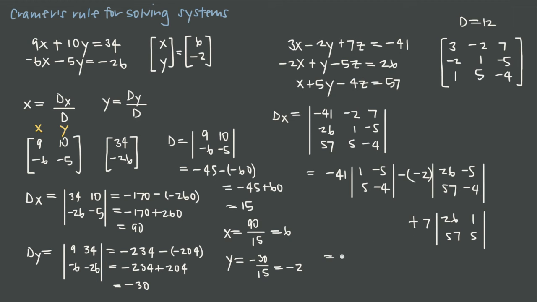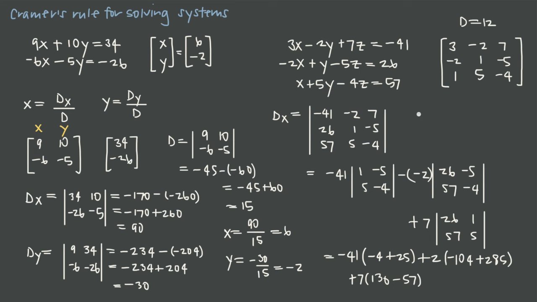So the result here is -41 times, we have a -4, and then minus a -25 or plus 25. Here we have a +2, and then 26 times a -4 is a -104. We've got minus a -285 or plus 285. And then we have +7 times 26 times 5 is 130, and then minus 57.